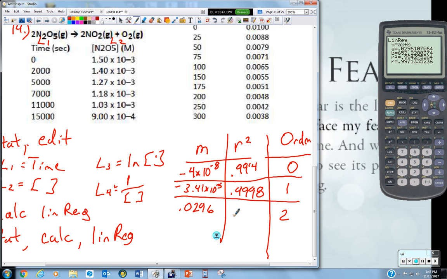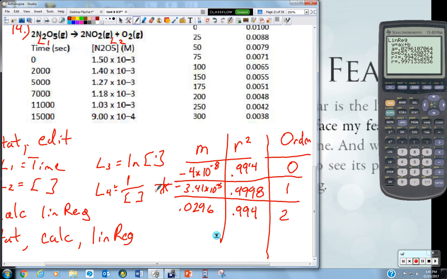And then our r squared is 0.994. So which order is this reaction? Which one's the closest to 1? First order. So that's the one that we're going to select.